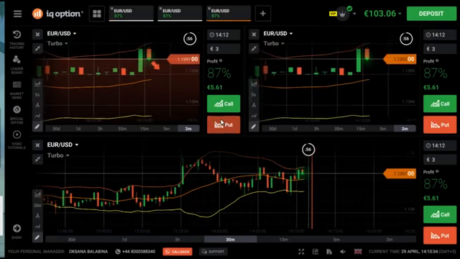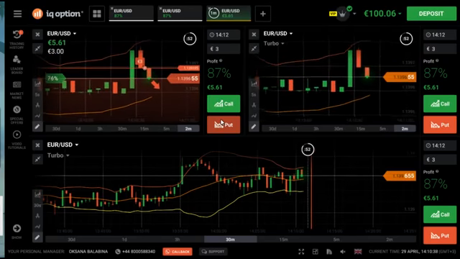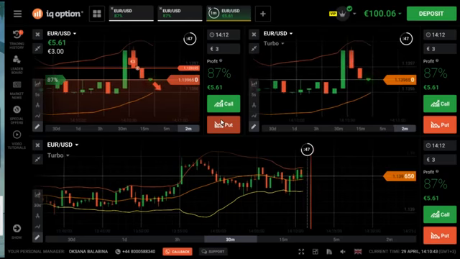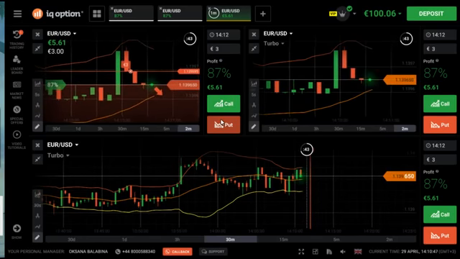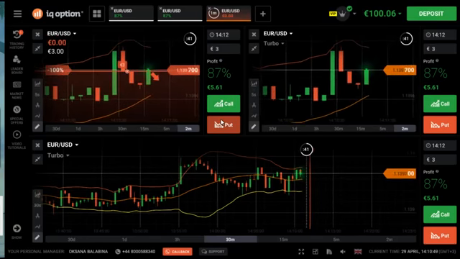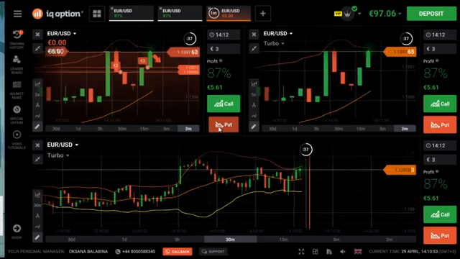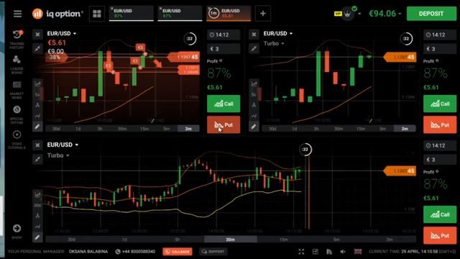So now the green hit the top Bollinger Band, so I went for the reversal. I'm nesting because the green, kind of a resistance, came back.